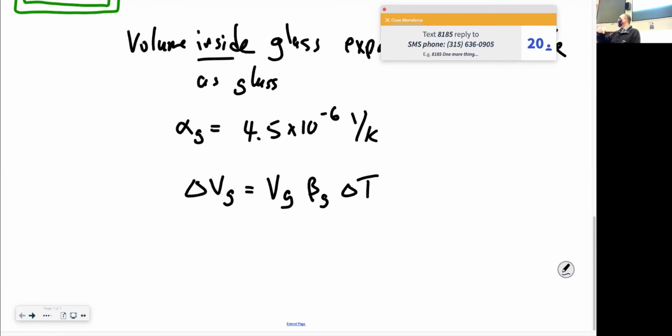We just have to multiply that number by 3, and we've got the beta value. So this is also V_g times 3 alpha_g times delta T. Volume of the glass, that's not acceleration due to gravity, that's a subscript g for glass, in case you're wondering. I realize my g's sometimes look like s's.